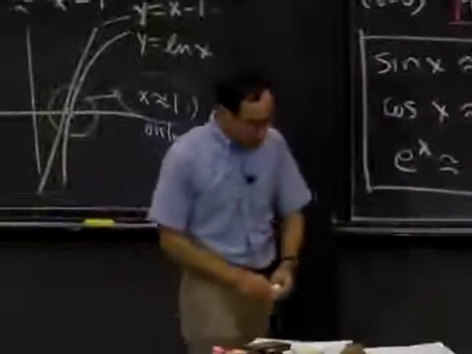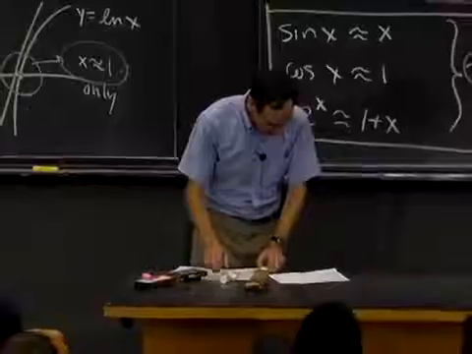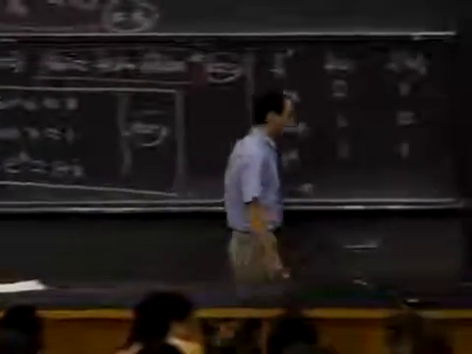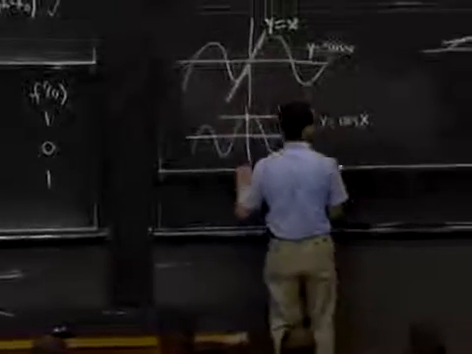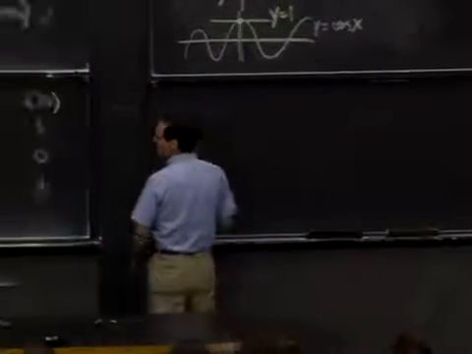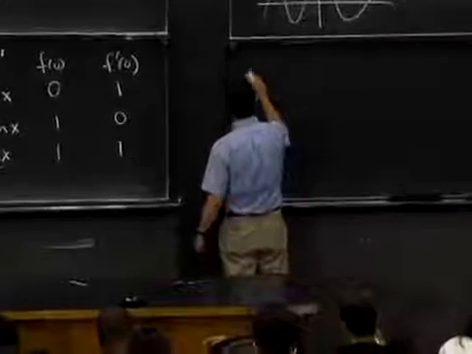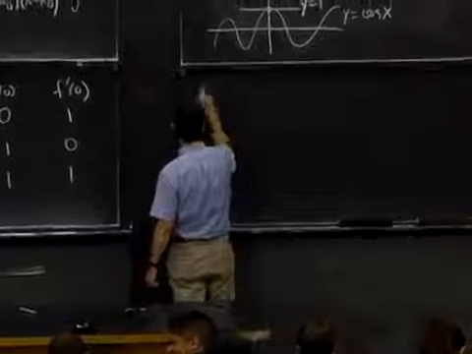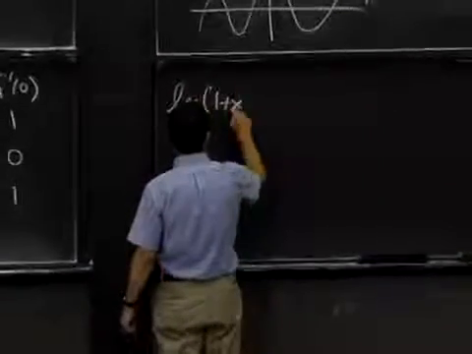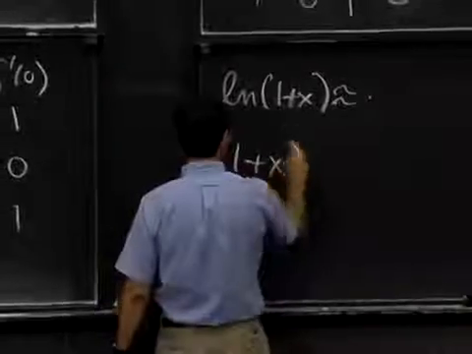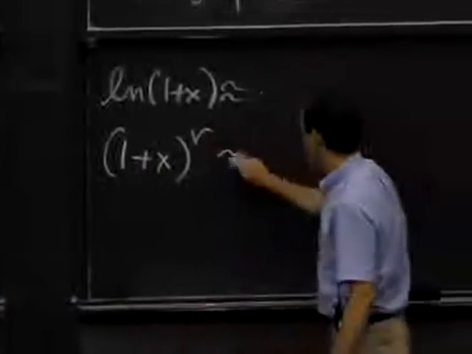Okay, so now I need to finish the catalog with two more examples, which are just slightly more challenging and a little bit less obvious. So the next couple that we're going to do are log of 1 plus x and 1 plus x to the power r.